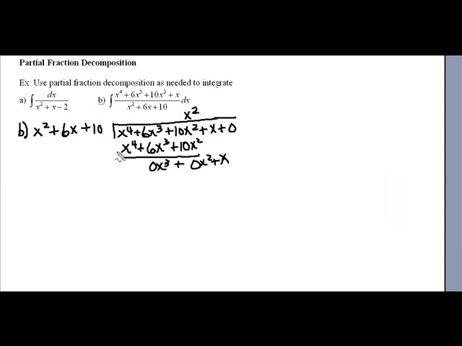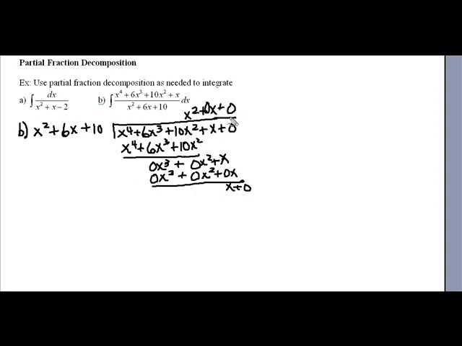And x squared goes into x cubed once, so we have 1x. Distributing, we have, I take that back. It goes into 0x squared 0 times. So we're going to have 0x cubed plus 0x squared plus 0x. Subtracting, we have an x, bring down a 0. x squared does not go into x any times, so that's going to be a 0 again.